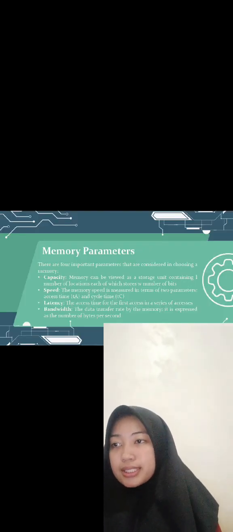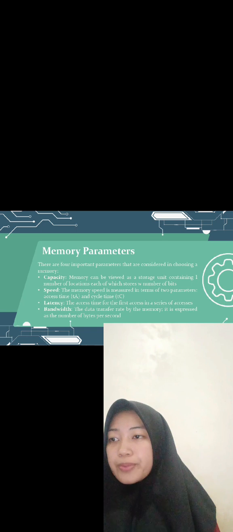Memory parameters. There are four important parameters to consider in choosing a memory. 1. Capacity. Memory can be viewed as a storage unit containing a number of locations, each of which stores a number of bits. 2. Speed.